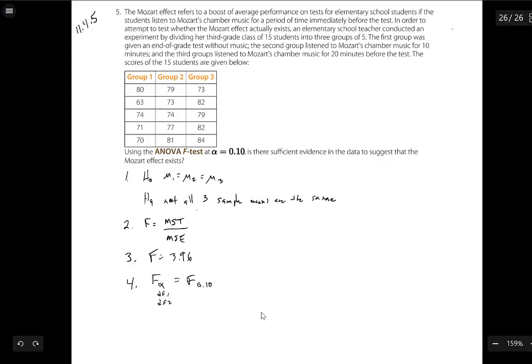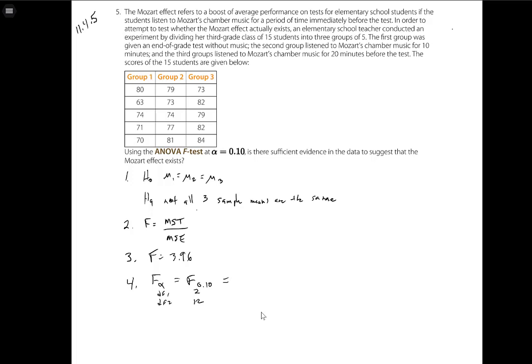So then I need to look into chapter 12, or that appendix where we have the different tables of values, and I'm going to look in the F statistic table, looking for F at 0.10, with degrees of freedom 1 being 2, which is across the top, and 12 being one of the rows, so column and row.